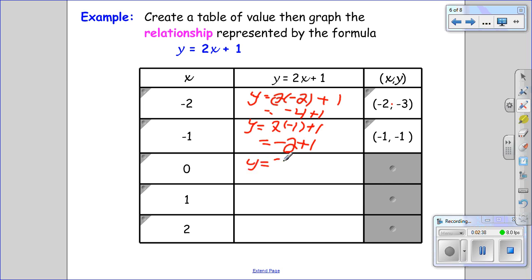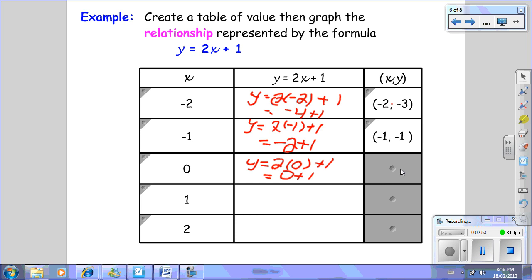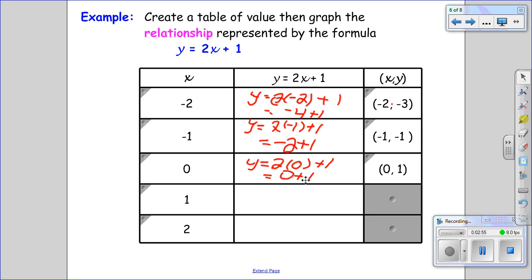Then y equals 2 times, in brackets, my independent variable value, which is 0, substituted in. And of course, 2 times 0 is 0 plus 1, so y is 1. And the ordered pair is 0 for x and 1 for y.